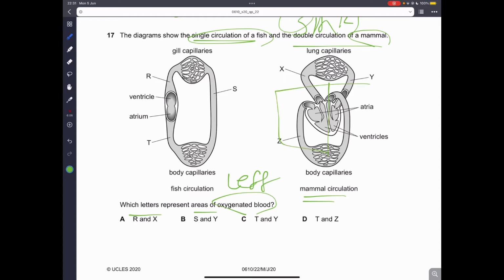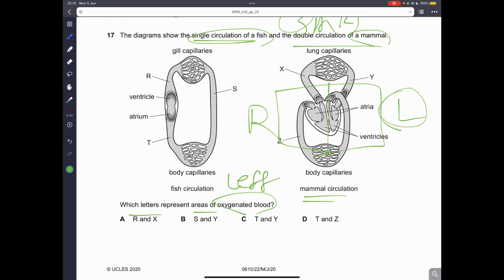Remember, in biology, the left side of the diagram is basically your right side, and the right side is basically your left side. So don't get confused, because if you turn your body around to the position of the heart, you will see that your right side is actually the left, and your left side is actually the right.